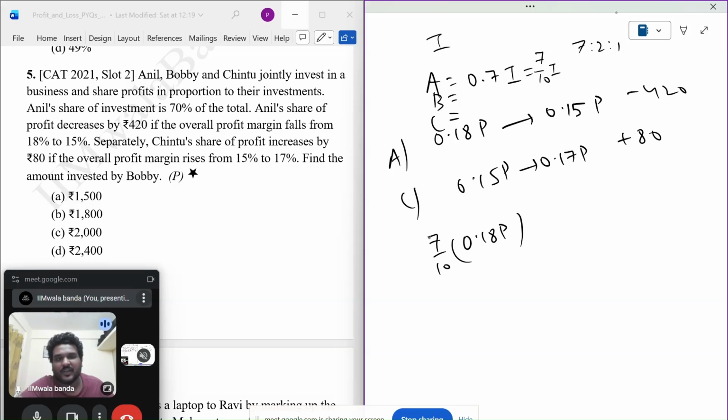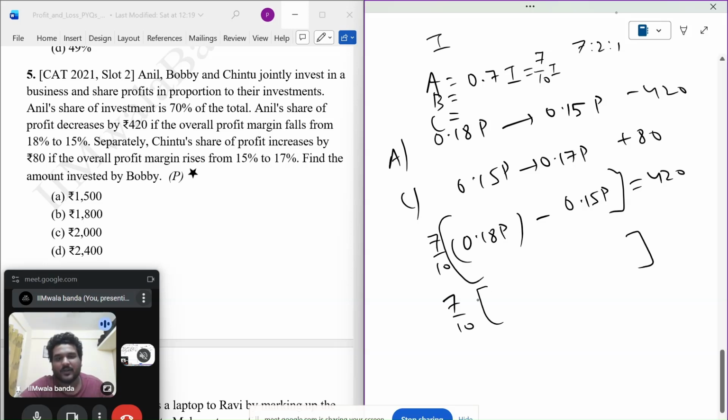So 7 parts out of 10 parts of this profit minus again 7 parts out of 10 parts of this profit is 420, because this difference is this much. That was the logic of this question, I guess.